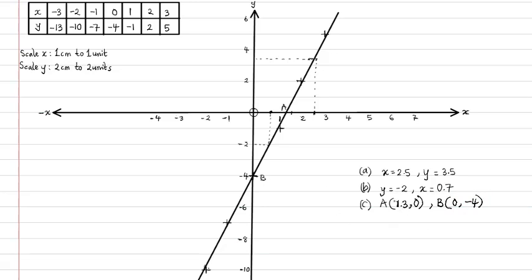We need to make sure x is the first one here and y is the second one. The same way again, x should be the first one and y the second one. This is kind of like x1, y1, x2, y2. So these are the 2 points where it touches, A and B.